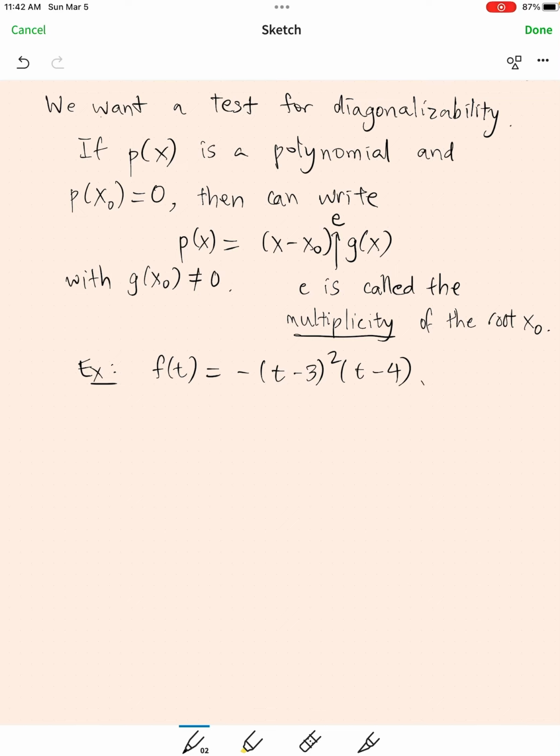Okay, so what are the roots of this guy? 3 and 4, and the multiplicities, so the roots are 3 and 4 with multiplicity, so what's the multiplicity of 3? 2, right? Because of this 2. And what's the multiplicity of 4? 1, because it's t minus 4 to the first power. So respectively.